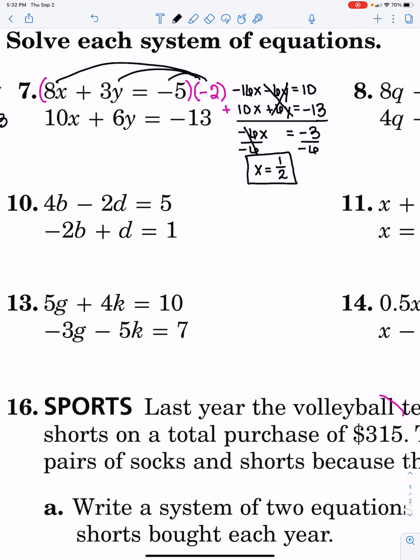So I'm going to have 10 times x plus 6y equals negative 13. Now what I'm going to do is take this 1/2 and substitute it in here.